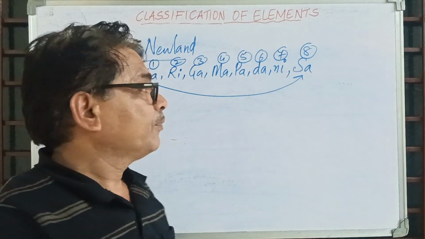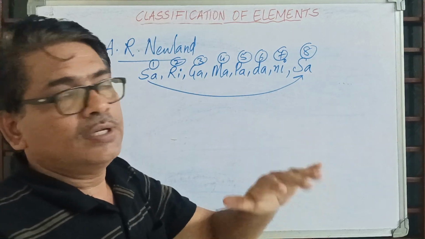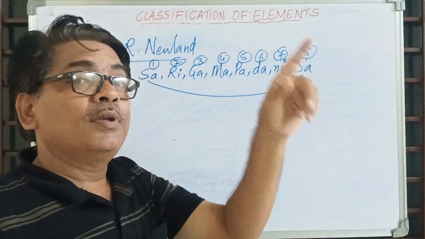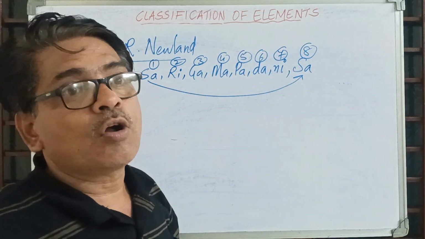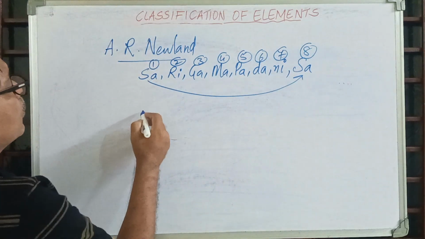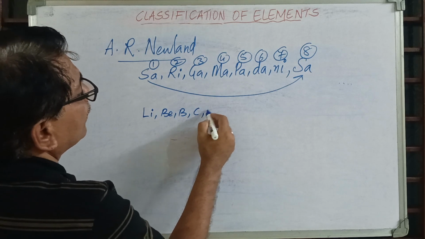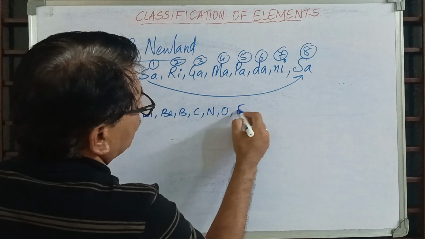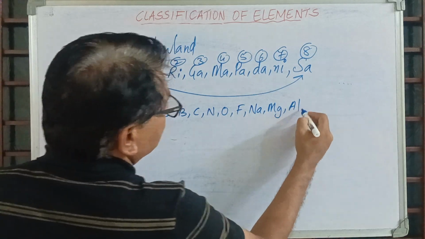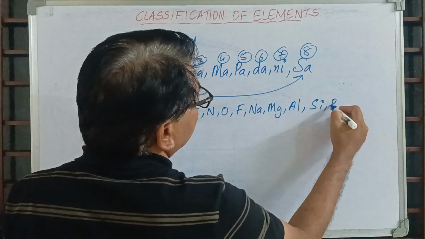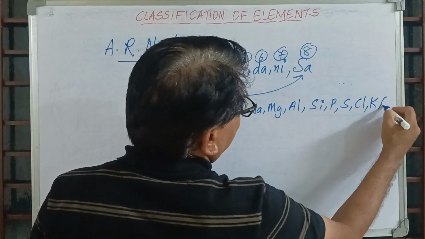So he says that Dobereiner's classification is based on music. A.R. Newland is explaining Dobereiner triads only. He is saying that they are arranged according to musical octaves. How? Let us see. It is lithium, beryllium, boron, carbon, nitrogen, oxygen, fluorine, then comes sodium, magnesium, aluminum, silicon, phosphorus, sulfur, chlorine, then potassium and calcium.